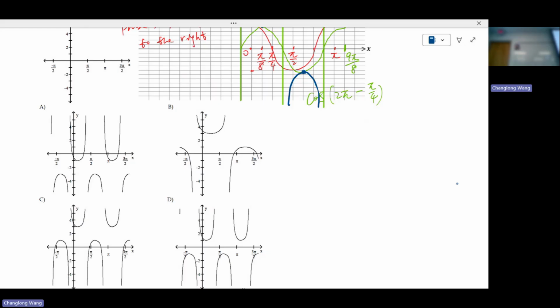So this one, you have a VA at, so that looks, oh no, I think this is too wide because the VA is a little bit to the left of the y-axis and also somewhere between pi over 4 and pi over 2 will get you one of the U shapes, right?